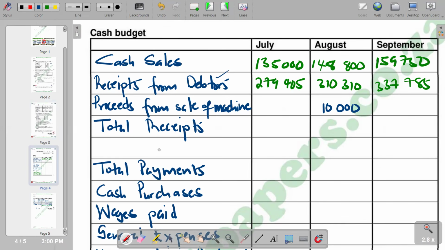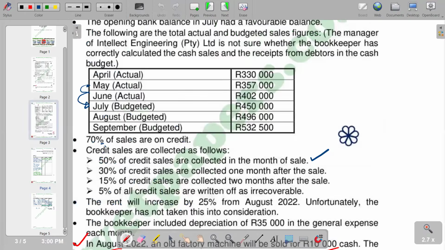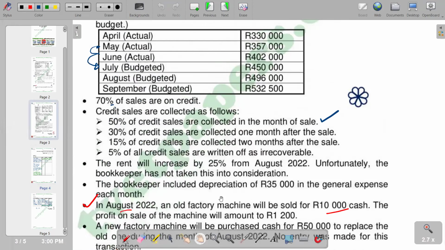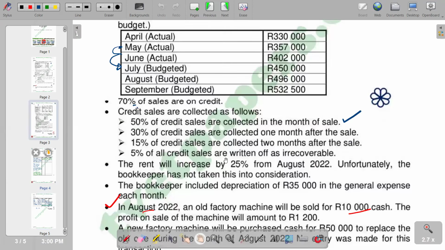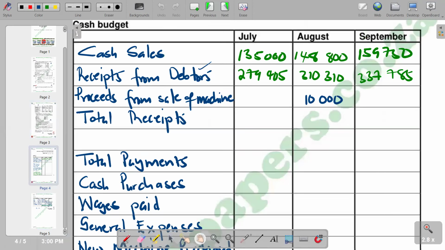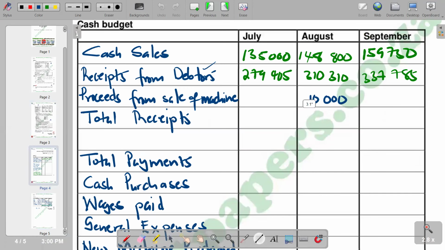Then with that, we'd see that according to information that we're given there, we do not have further receipts that took place. So in that case, we can close off to find the total that we have for total receipts. So if you add in this column, 135,000 plus 279,405, you're going to get your answer is 414,405.